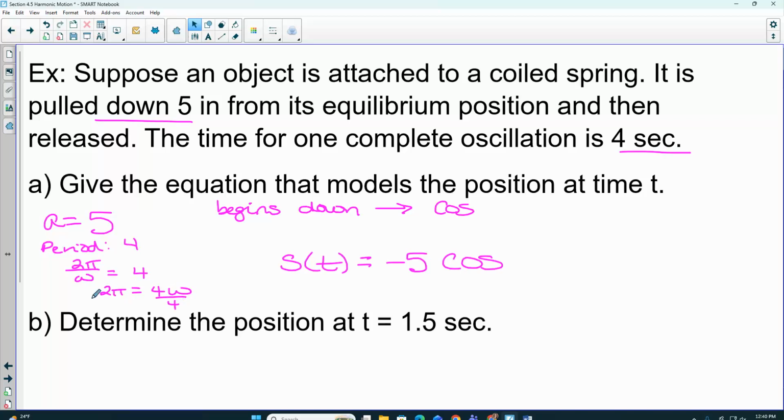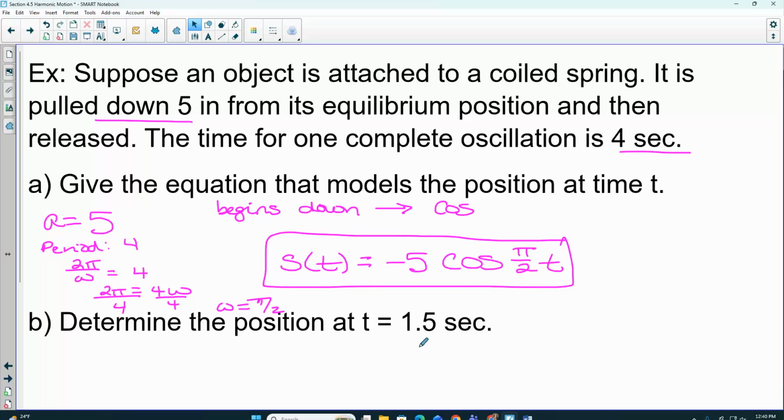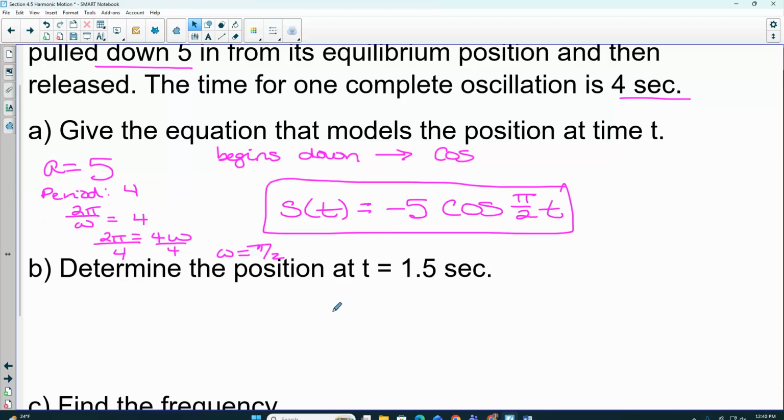If I divide by 4, my omega is pi over 2. So my equation is -5 cosine of pi over 2 t. Is that okay? We've really written equations like this before. We're just seeing different words in this one.